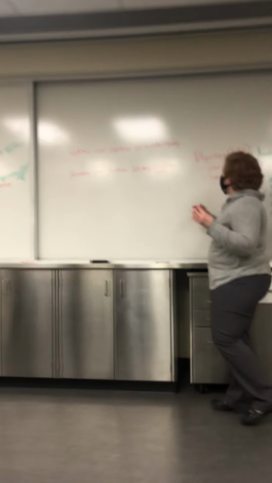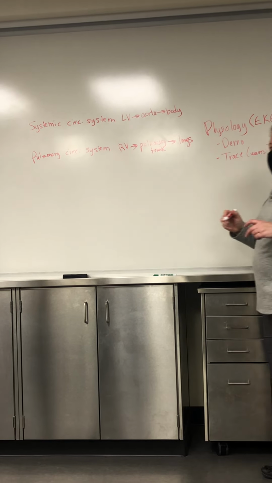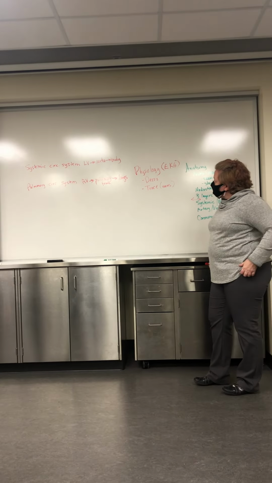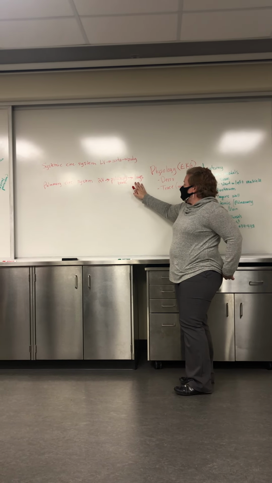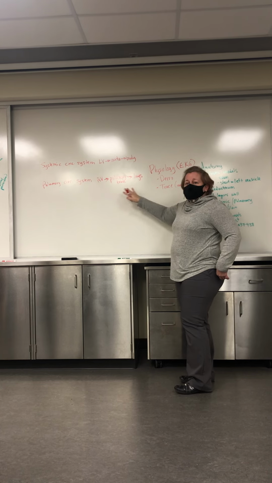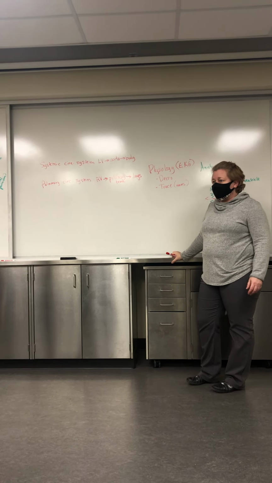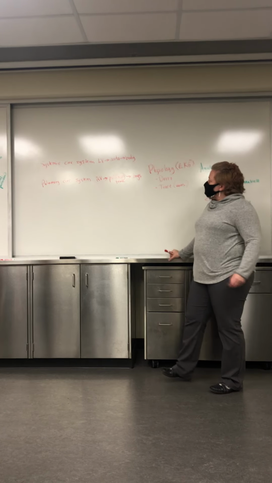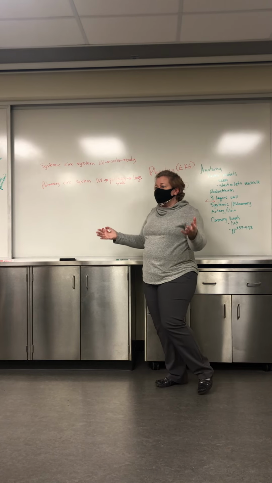To the lungs. So the right ventricle, through the pulmonary trunk, pulmonary arteries, and to the lungs. The point of the pulmonary circulatory system is to send the blood to get oxygenated. The point of the systemic circulatory system is to oxygenate the tissues of the body.